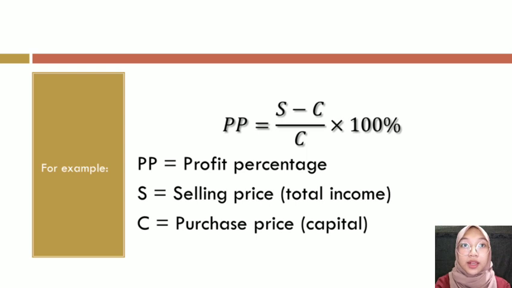For example, we have the equation PP equals (S minus C) per C multiplied by 100%, with PP is profit percentage, S is for selling price or total income, and C is for purchase price or the capital.